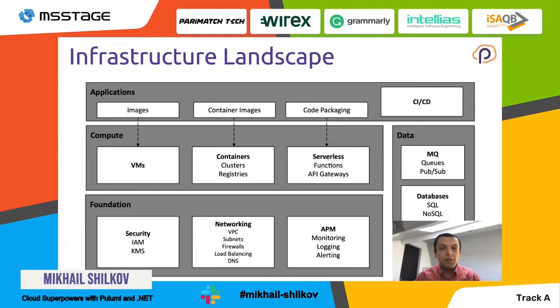And on top of that, you need to deploy your application artifacts, so something like Docker images or just code packaged for your function. And you have to manage state somewhere, so you end up with a bunch of other services like messaging, PubSub, SQL or NoSQL databases, and object stores.